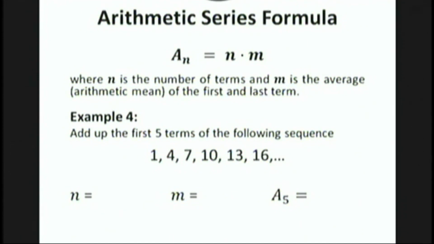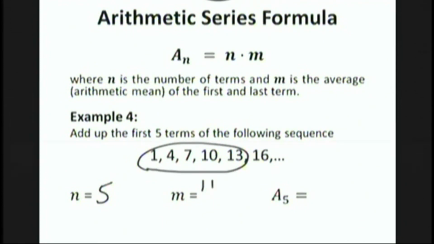Let's start with a very simple example. Let's add up the first 5 terms of the following sequence, 1, 4, 7, 10, 13, 16, etc. But this time let's use the arithmetic series formula. So since we're going to add the first 5 terms, 2, 3, 4, 5, n is equal to 5. M is the average of the first and the 5th term.